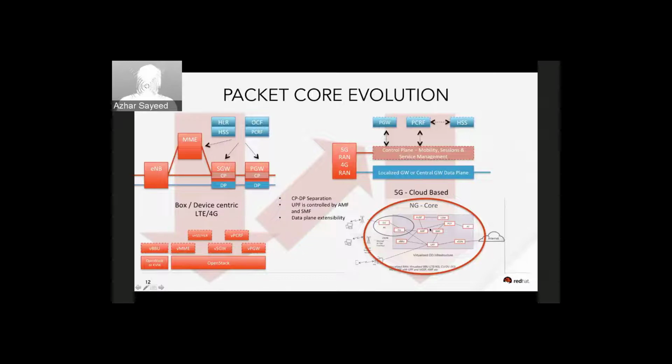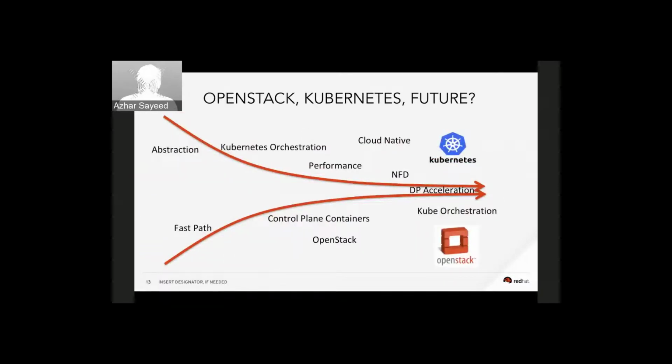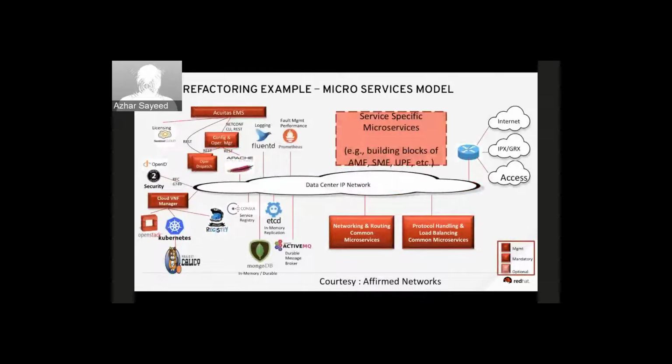And the very next slide, actually, I'll skip this slide, gives you a picture. This is courtesy of Firm Networks. This is their slide. When they presented this, they said, imagine that we are taking these 5G core functions and containerizing them, building a microservices model, and here's how we are thinking about refactoring those.